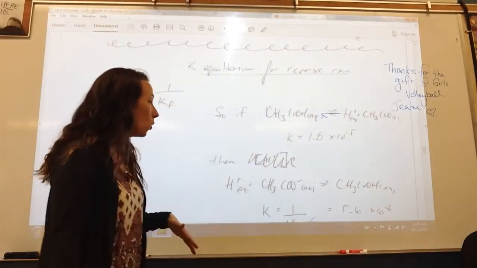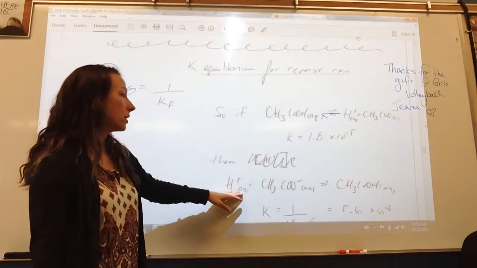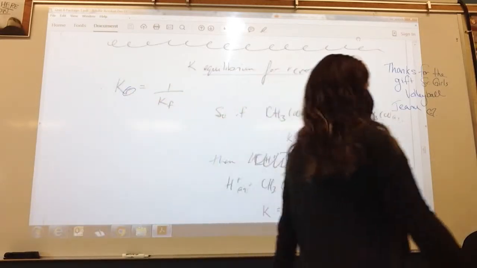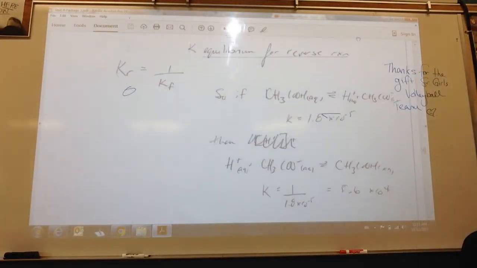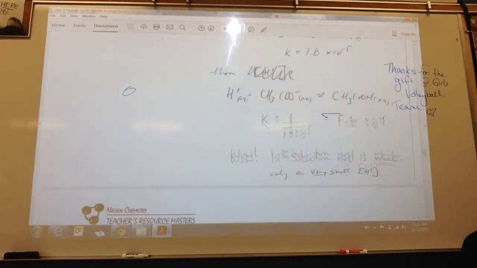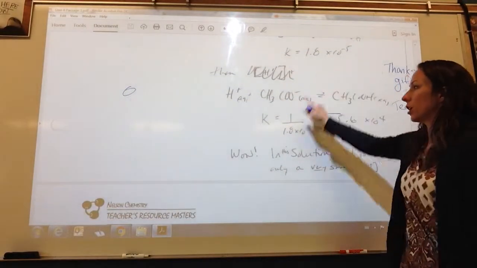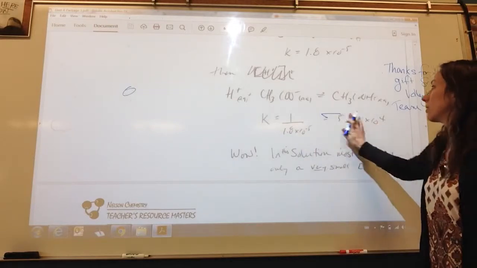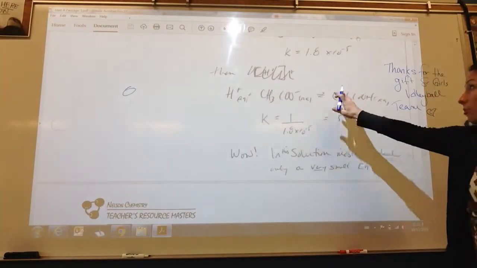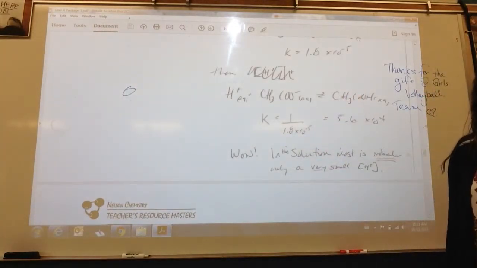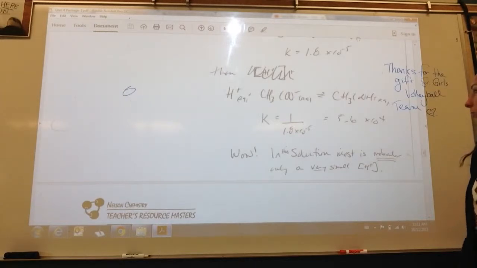Okay, so if I asked you what is the K value for the reverse, for the ions becoming the molecular compound, all you have to do is take that and go 1 divided by that, and you get the K of this reaction now. So in this solution, most is molecular.